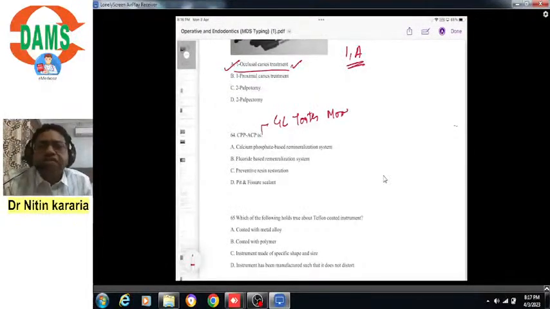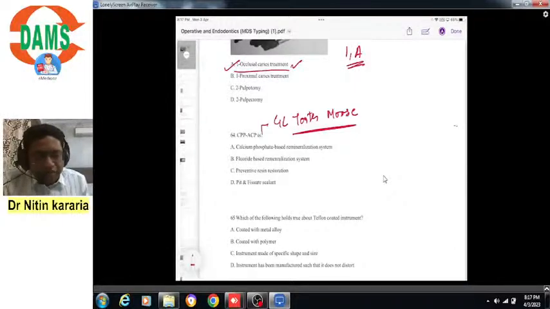This GC Tooth Mousse basically consists of amorphous calcium phosphate compounds. The options given are: it is a calcium phosphate based remineralization system, a fluoride based remineralization system, a preventive resin restoration, or a pit and fissure sealant.